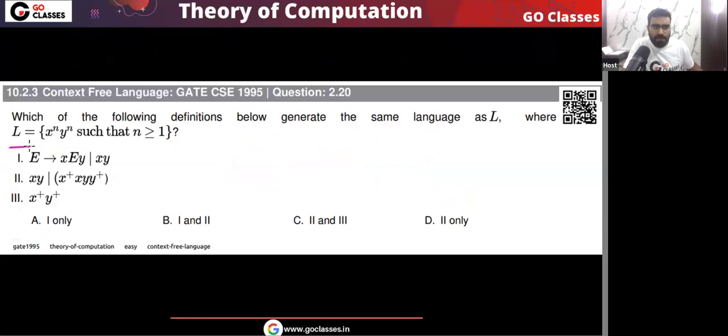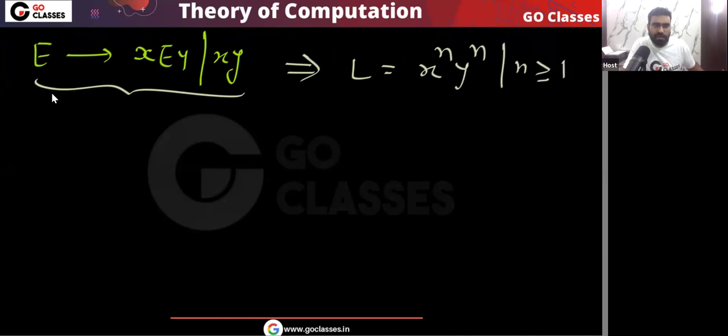Look at option A. In option A we have the grammar, E going to xEy, or E going to xy. I can replace E with xEy, or I can replace E with xy. Now from this grammar we can easily see which language it will generate: x^n y^n, where n is greater than or equal to 1, because for every x there is a y.